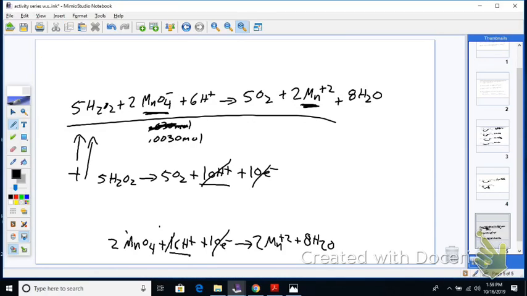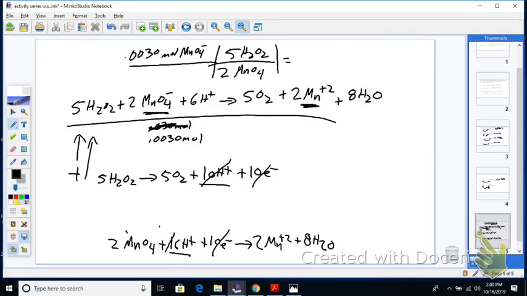But we would take the 0.003, my example anyway, moles of MnO4, and you say for every 2 MnO4, you have 5 H2O2, and mine would be 0.0075 H2O2.